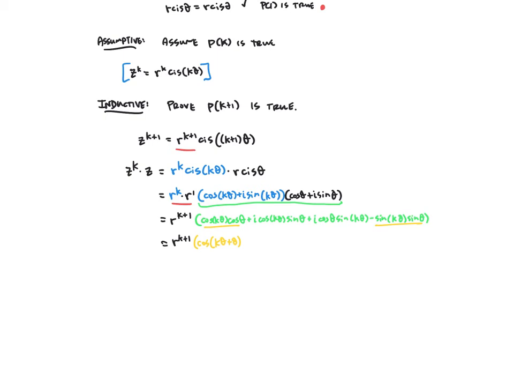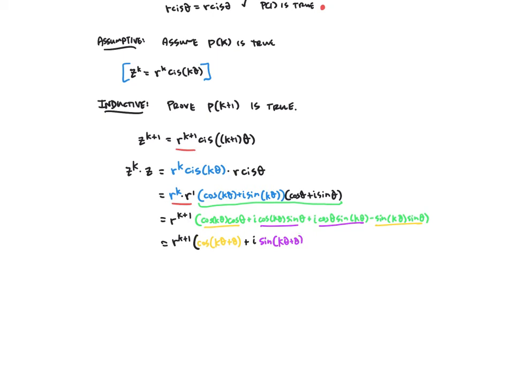Okay, now our imaginary component, cosine k theta sine theta plus cosine theta sine k theta. That by definition, of course with an I attached, will be sine of k theta plus theta.